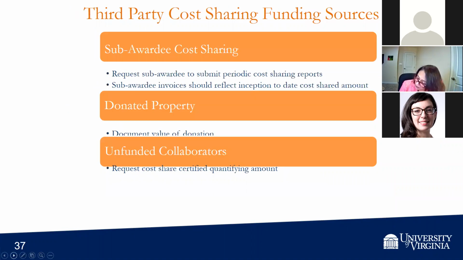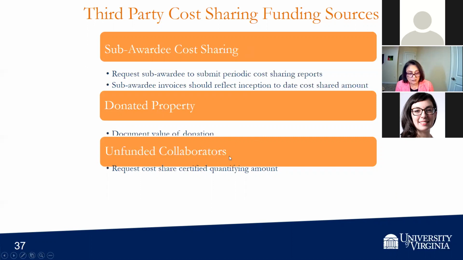Sometimes we get confirmation that third parties will also cost share. Sub-awardee cost sharing is something we see more often. So if we have cost sharing requirements and we have a sub-award given to another entity, we also require the sub-awardee to cost share. Sometimes donated property is cost shared and we need to have the value of the donation.